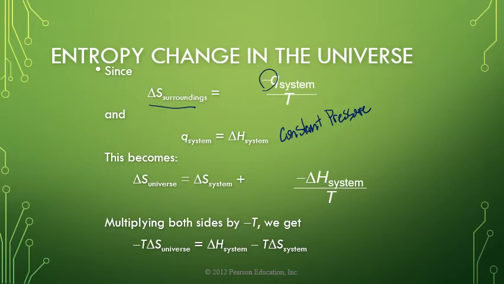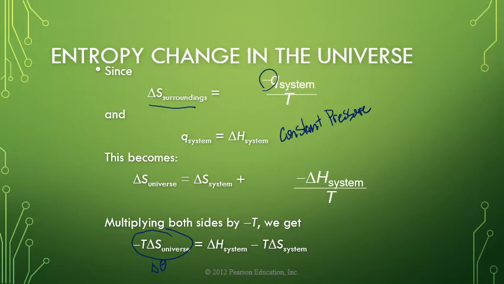If I multiply both sides by the negative T, that gives me the negative T delta S for the universe equals negative the delta H of the system minus T delta S for the system. This part here is what we can then term as our delta G. So again, if I have in this case a negative delta G for the value, then that means that I have a spontaneous reaction.